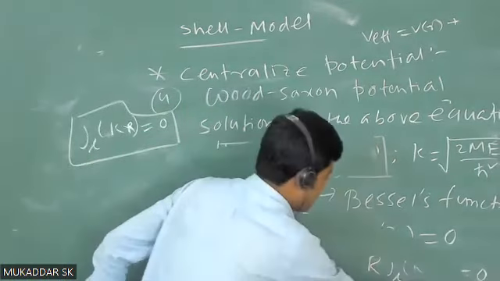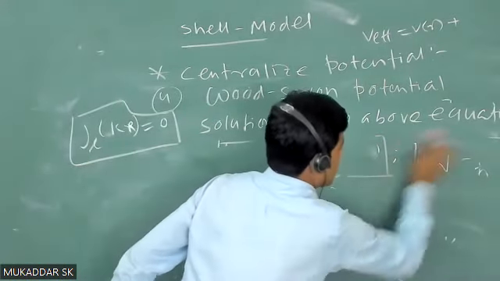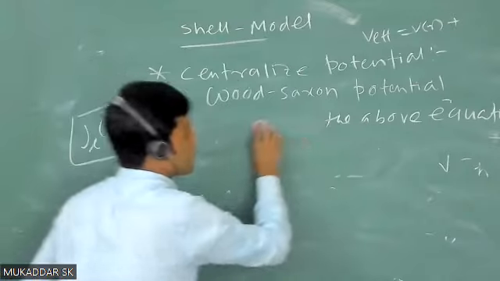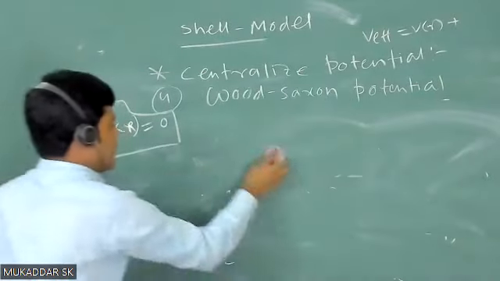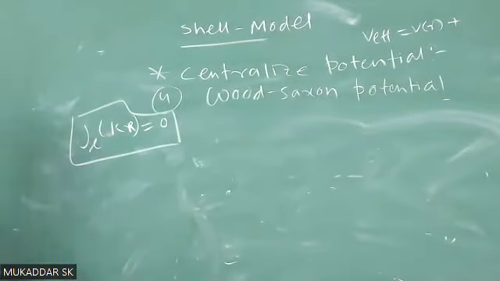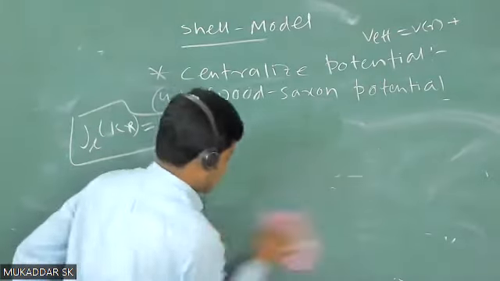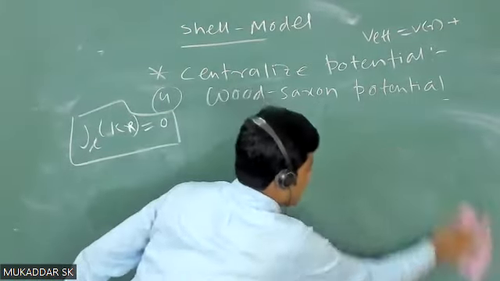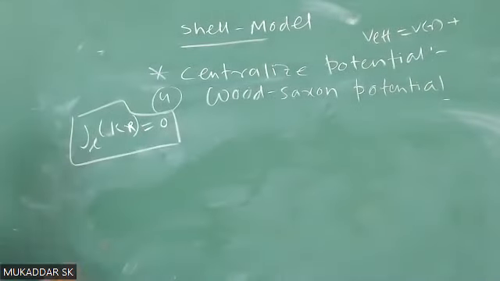Now, when we substitute, what is L here? Angular momentum quantum number. Exactly. L is your orbital angular momentum quantum number.